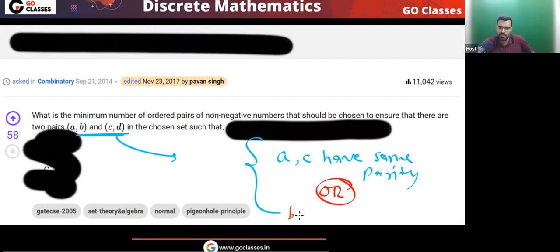Now what will be the answer? Think about it. I am saying A comma C have the same parity or B comma D have the same parity. Now what is going to be the answer? Either A comma C should have the same parity or B comma D should have the same parity.